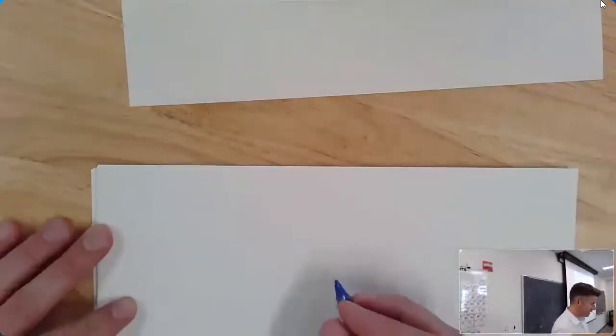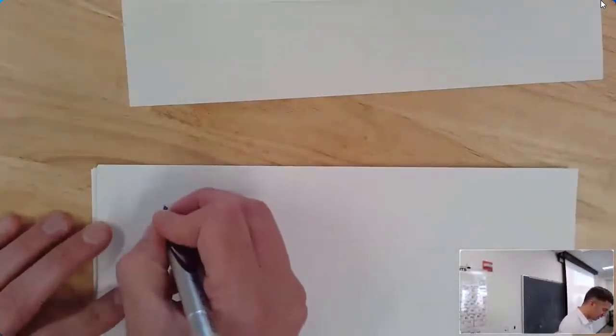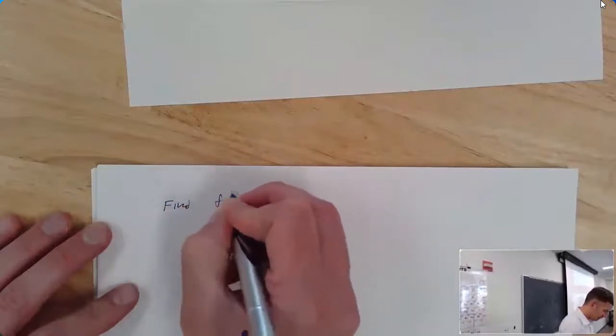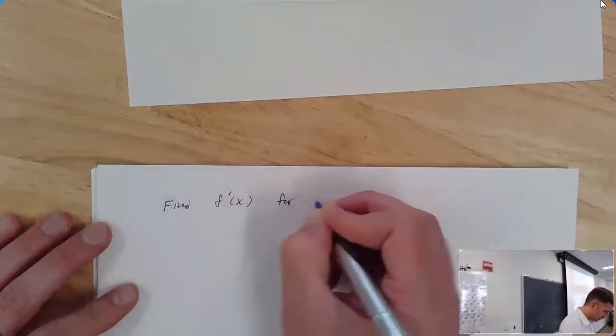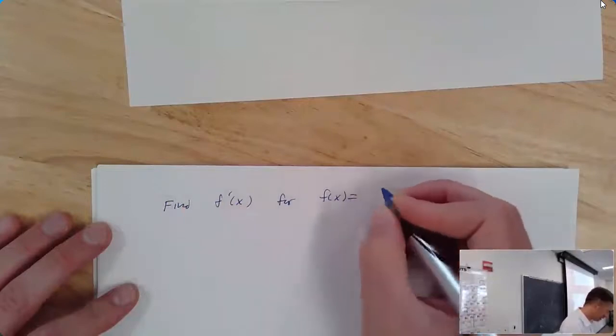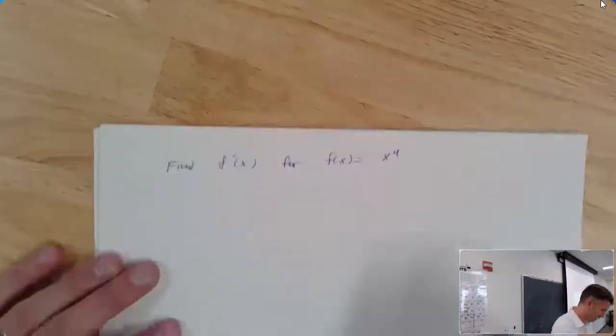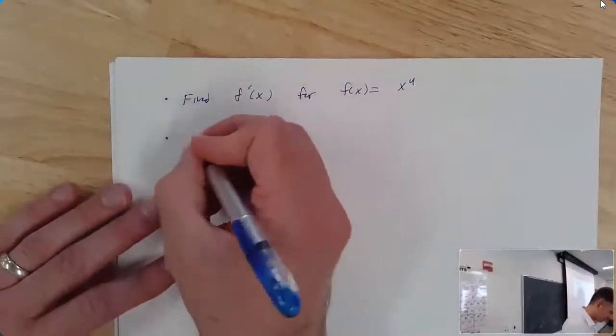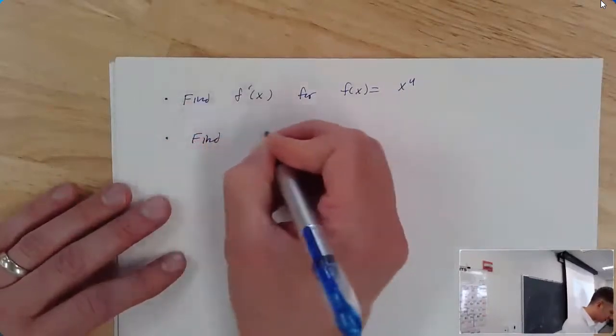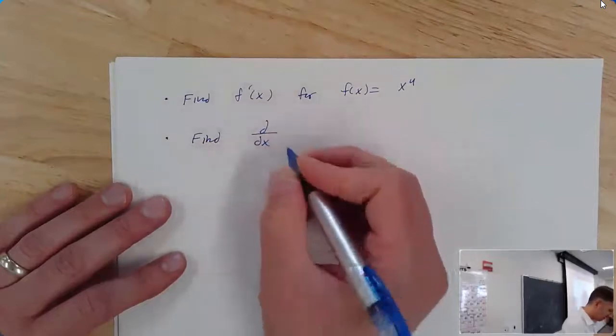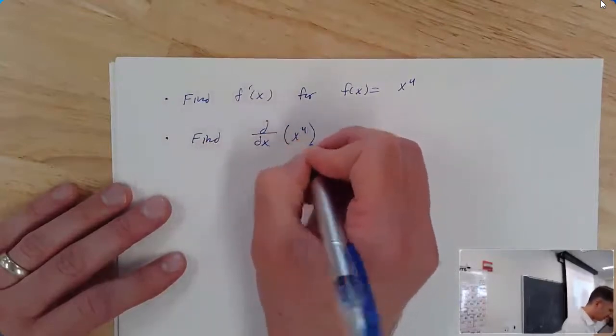by the way, instead of using this notation, I could say find f prime of x for f of x equal to x to the 4th. But I could also write it as find the derivative of x to the 4th.